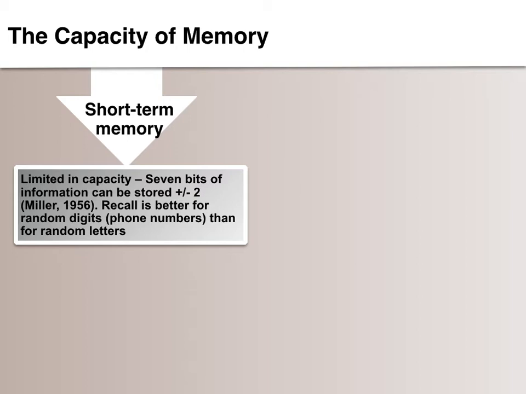In fact, one of the reasons that phone numbers, when we had to memorize them, were 7 digits is because that's what we could remember. And we're better at doing this for numbers than for letters, and some of that is also through practice. In our world we have to remember random numbers: your student ID number, your social security number, your driver's license number.